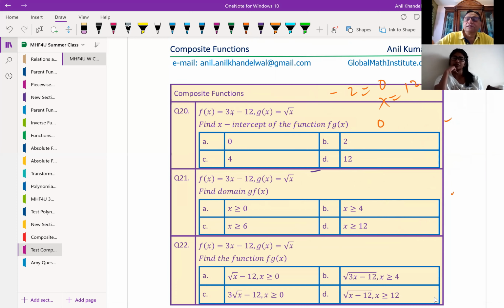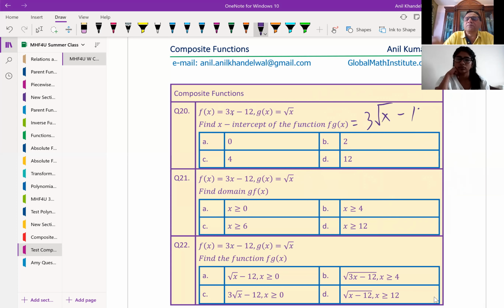In that case, this is kind of critical, right? This is a simple function, and therefore, some students might think, why all this? F of g of x, square root, simple function. So I would write f of g of x is really equal to 3 square root of x minus 12. Is that clear? Because you just substitute. If we want to find the x-intercept of this particular function, that means the y value is 0.